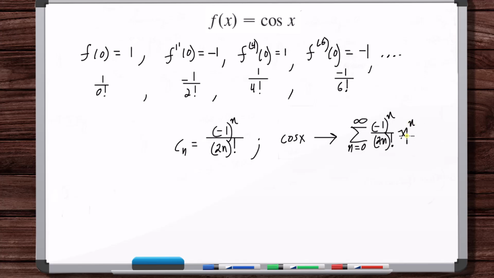We can't just do x to the n. Why not? Because when the coefficient is equal to 2, we skip the first term. So if we did just n, then whenever n is equal to 1, we'd get the right c sub n, but then we have x to the first power. It's x to the second power. So we need to do x to the 2n. There we go.